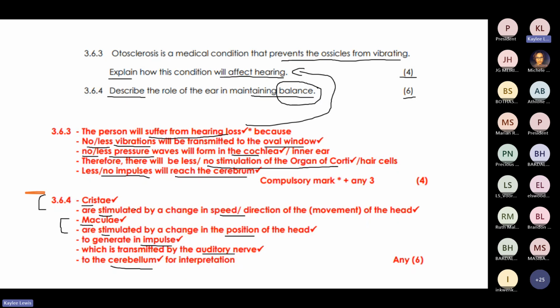And like I said, what stimulates them? So the cristae are stimulated by change in speed and direction of the head. And the maculae are stimulated by the change in position of the head. Creates an impulse, goes along the auditory nerve to the cerebellum. So that's extremely important that you are able to describe that.